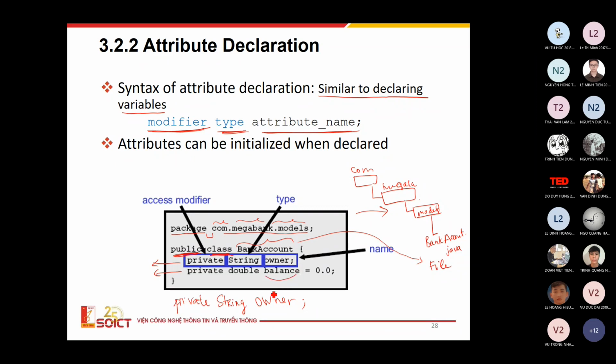The second, you declare the attribute balance of the double type, and you assign the first value for this balance as 0.0. And balance has the access modifier private also. So this is how you declare the attribute. And remember to add the modifier.